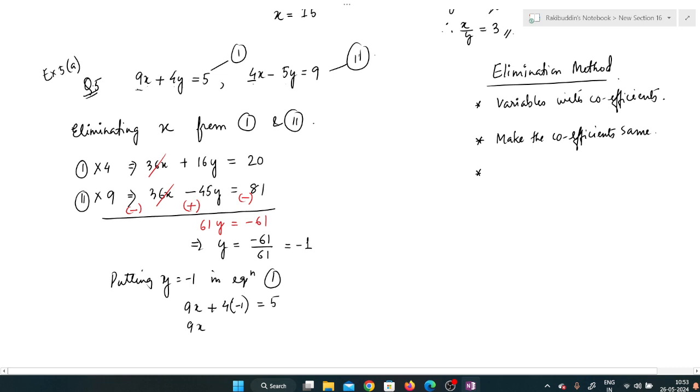So I get 9x minus 4 equals 5. So 9x is equal to 9, then x equals 9 by 9, which is equal to 1.